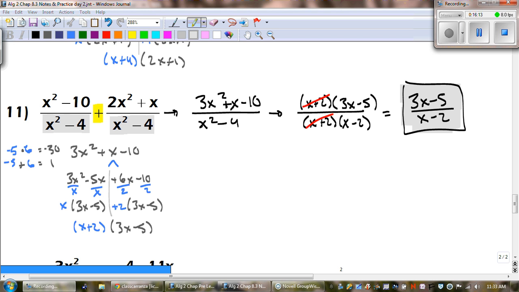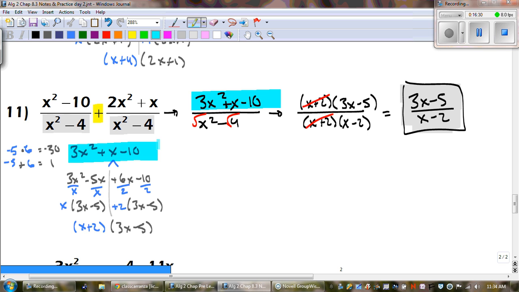So you should have gotten 3x squared plus x minus 10 on the top and the x squared minus 4 on for the denominator. X squared minus 4, that was the difference of two squares. And then 3x squared minus x right there is what we factored and what it broke down to. Okay? And then when you cancel it, you get 3x minus 5 over x minus 2.